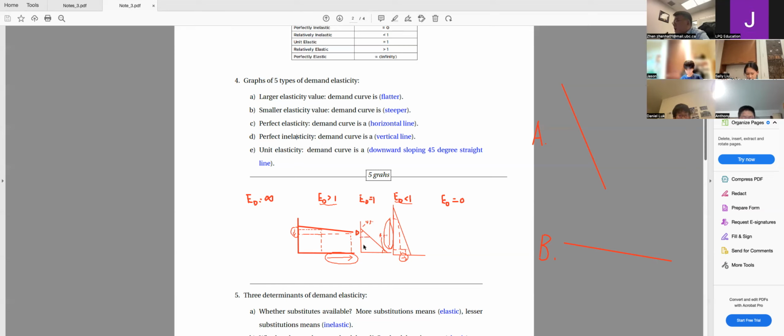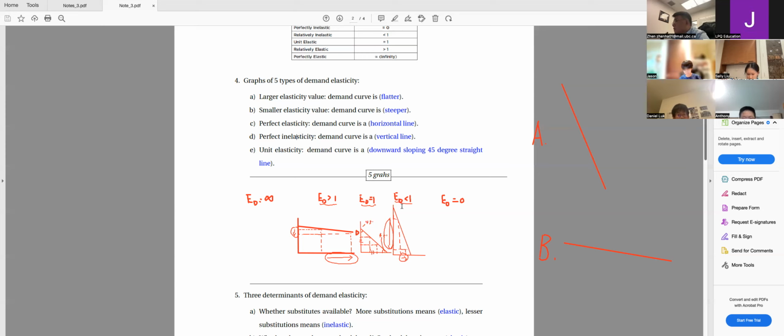Any change in the price level will lead to exactly the same change in the quantity demanded. So these two are equal to each other, the numerator equals the denominator, and you get ED equals 1.